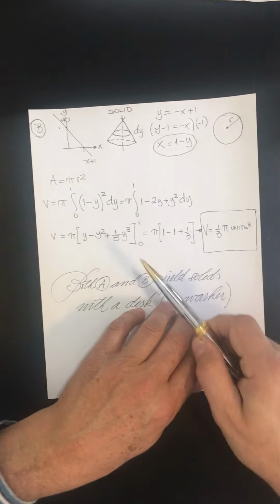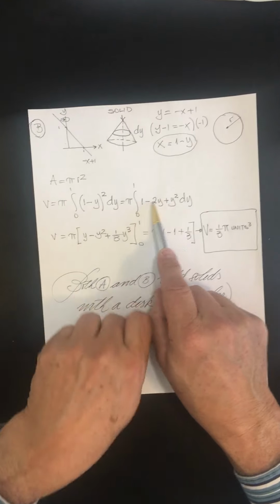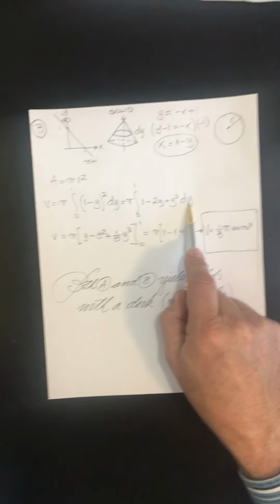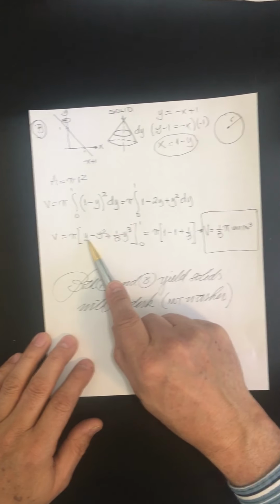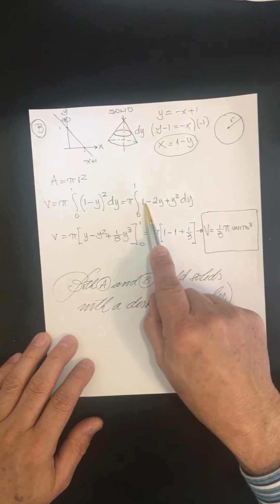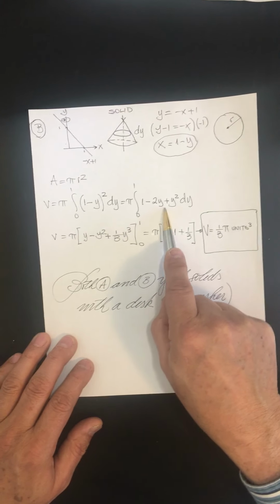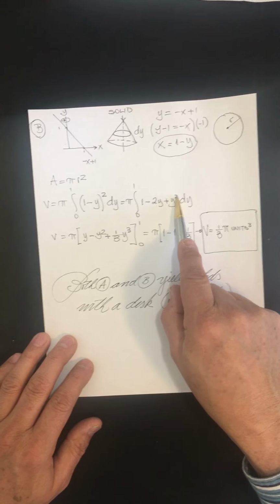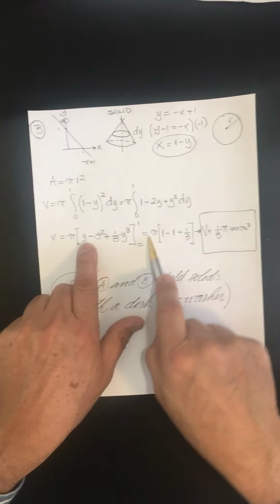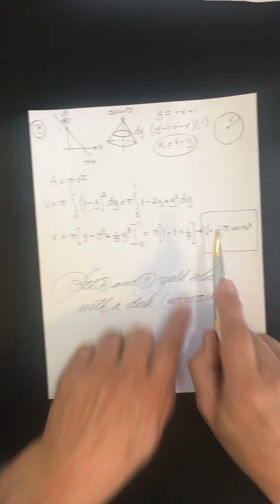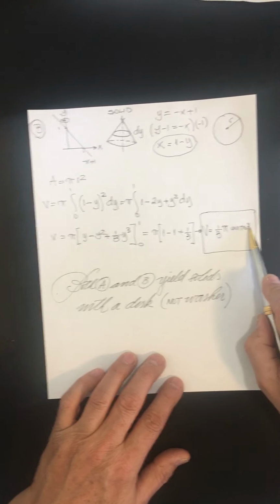We expand this binomial, we get this expansion, dy. When we integrate this piece, we're getting a y for here, a minus y squared, because the 2 cancels with the dividing 2, plus y cubed over 3, which is this. Plugging in the 0 and the 1, we also get the volume is 1/3 pi units cubed.